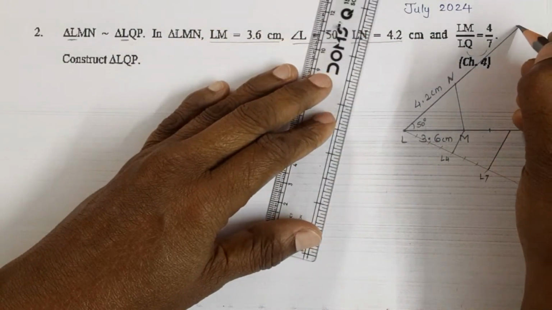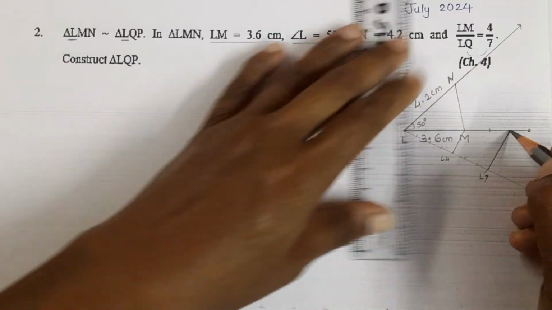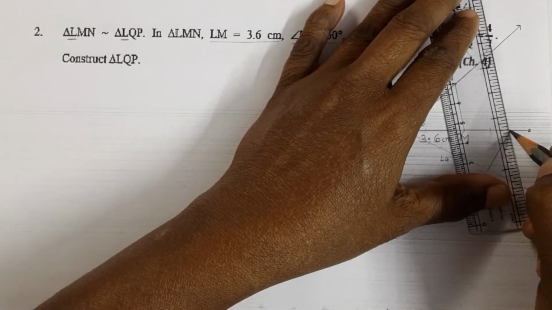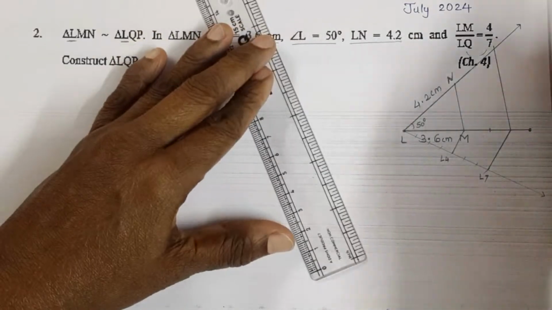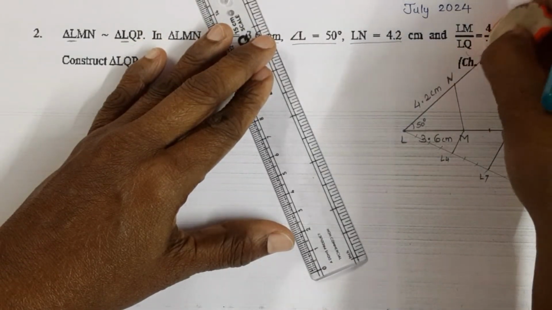Now the line should be parallel, so draw the parallel line this way.